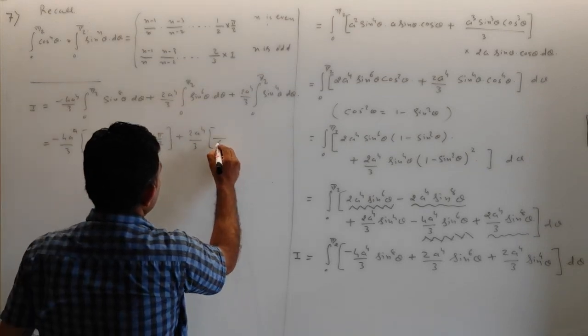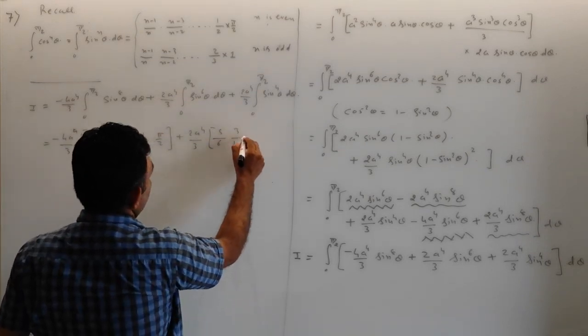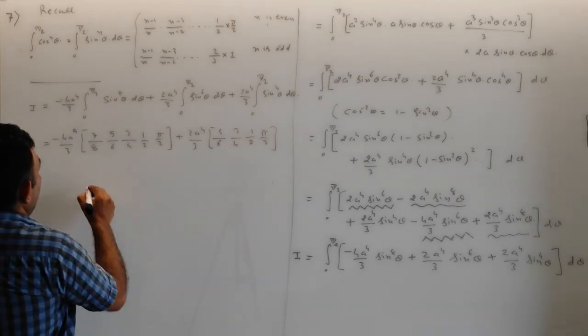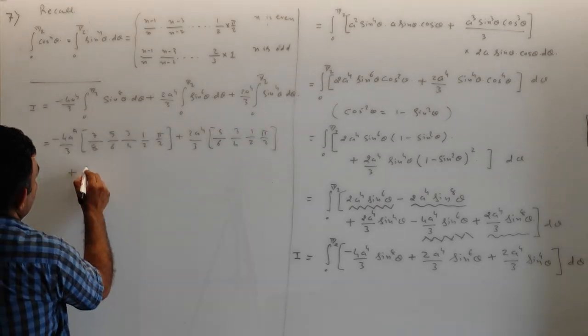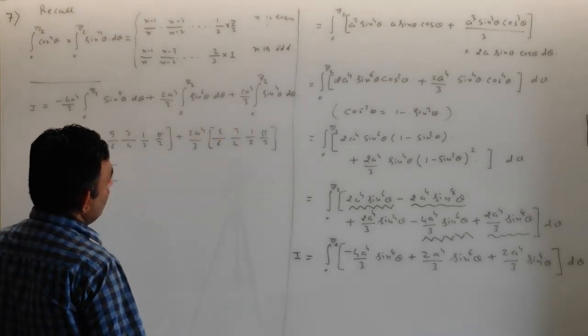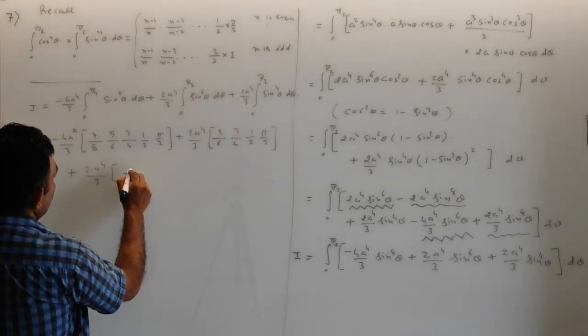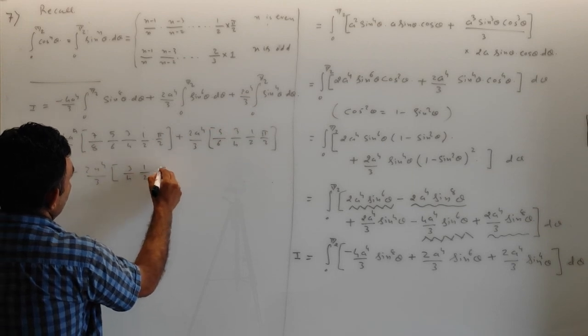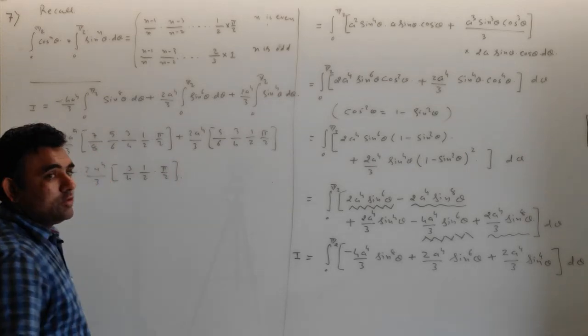So again 6 is even, 6, 5, 4, 3, 2, 1 pi by 2, and plus 2a raised to 4 by 3, and what we have, 4. Again 4 is even, 4, 3, 2, 1 into pi by 2.